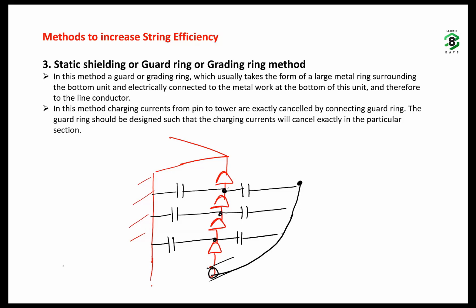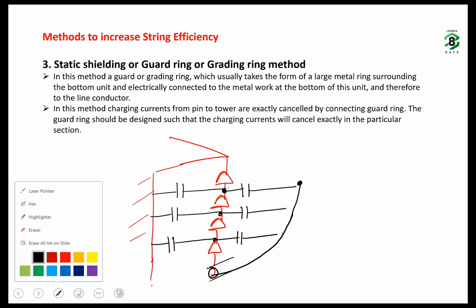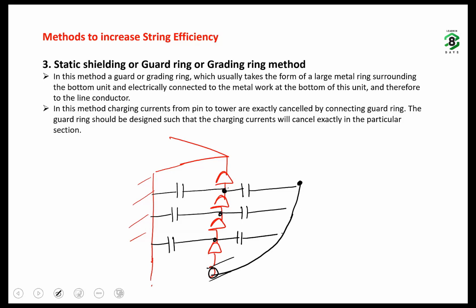I design this ring, that means I bend this ring, such that whatever current is flowing from here, let me call it IC1 dash, and IC1 will cancel each other. Let us call this current IC2 dash, this is IC2, this is IC3, and this is IC3 dash.